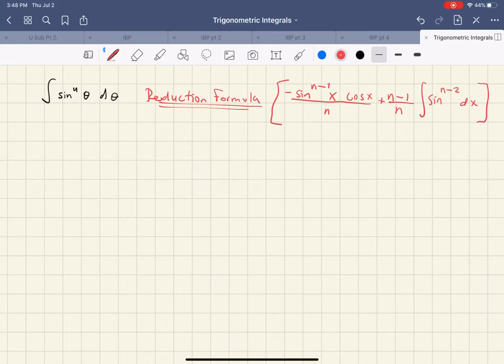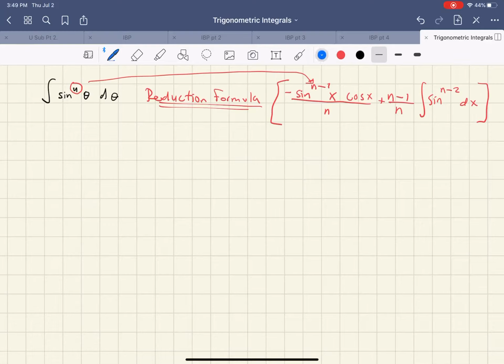And the n is just the power. That's what the n corresponds to. All we have to do is plug it into the formula, and it basically breaks down this integral, and you can solve it as a smaller integral on the right hand side.